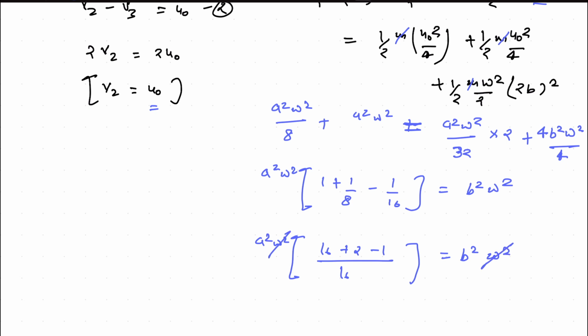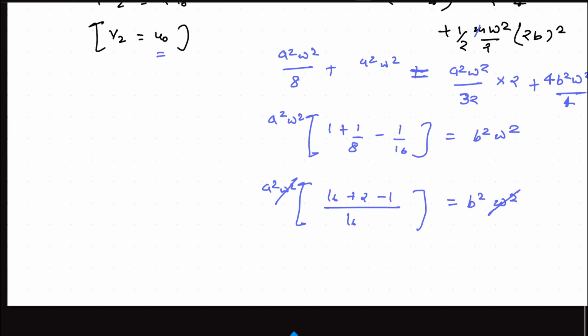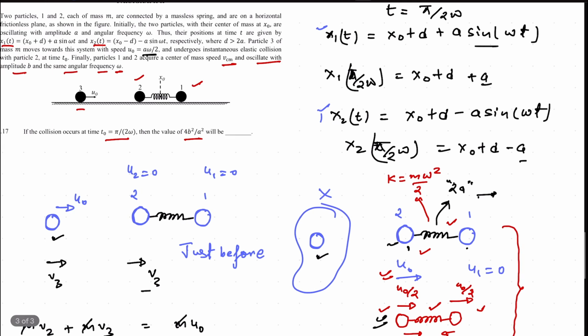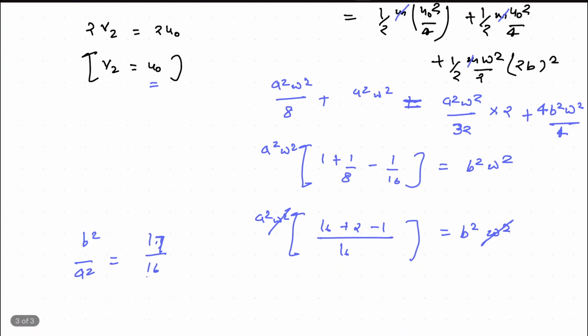Basically omega square is cancelled out, and we are getting b square divided by a square is 16 plus 2 minus 1, 17 by 16. Now what we need to find out is 4b square divided by a square. So let's take out 4 from here. So we will get 4b square divided by a square is 17 divided by 4. Let's find out the value. What is the value? 4.25. So this is the answer.